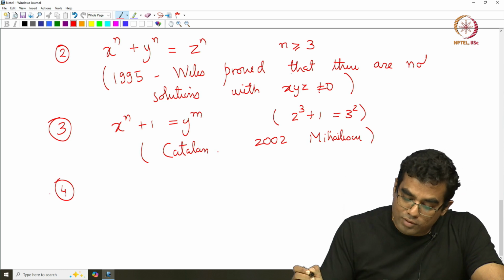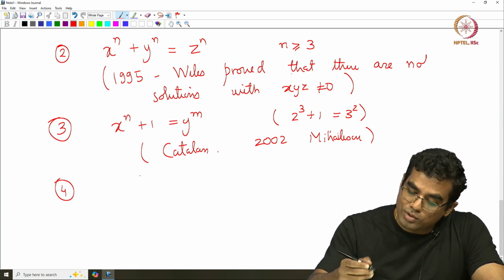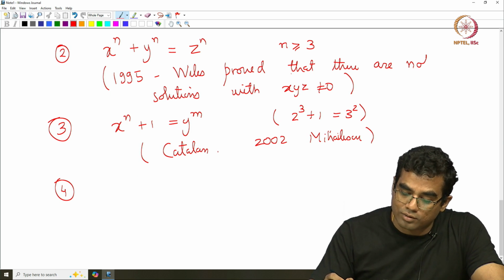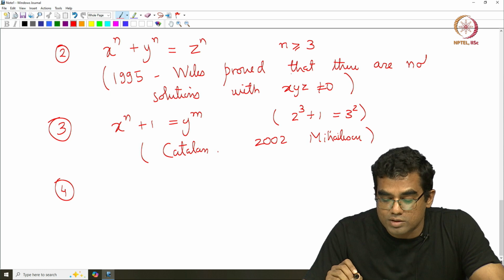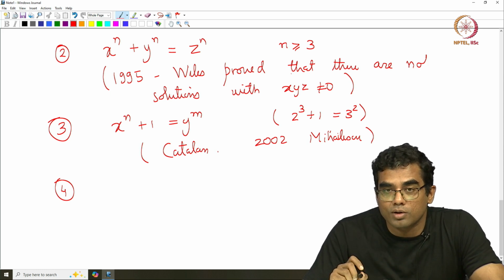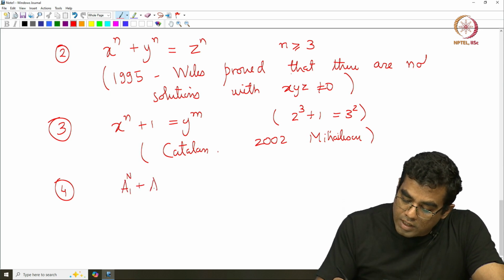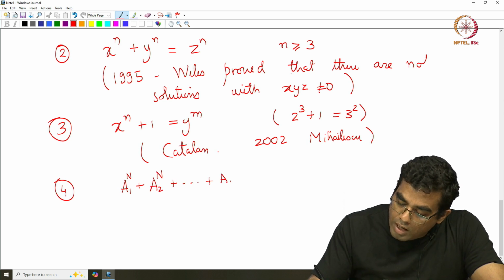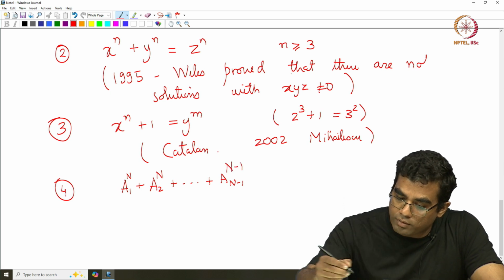Another example that I would like to give is Euler's conjecture. So, again as a generalization of Fermat's assertion that there are no solutions to x to the n plus y to the n equals z to the n if n is bigger than or equal to 3, Euler considered a1 to the power n plus a2 to the power n, and so on up to a n minus 1 to the power n.